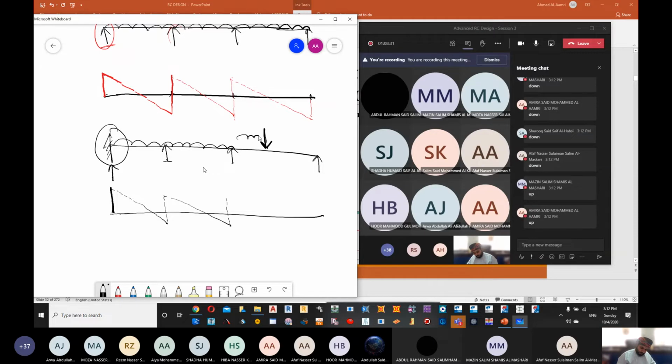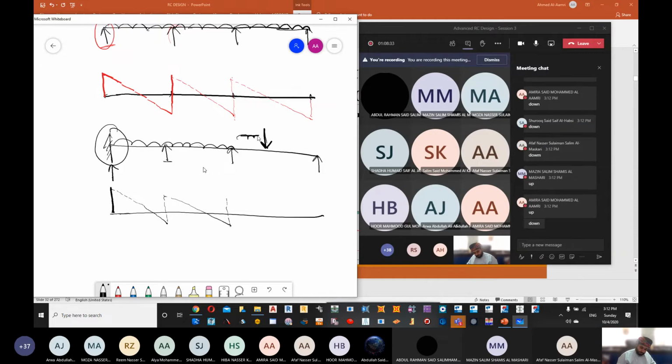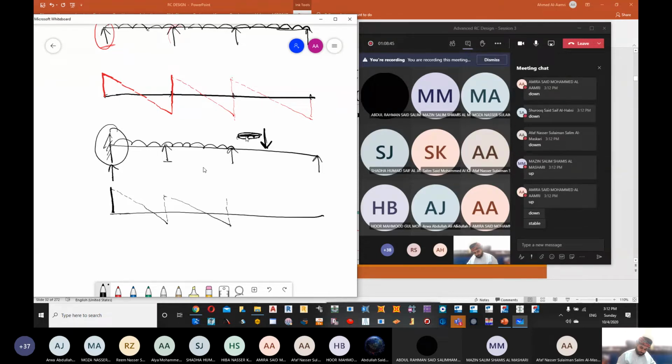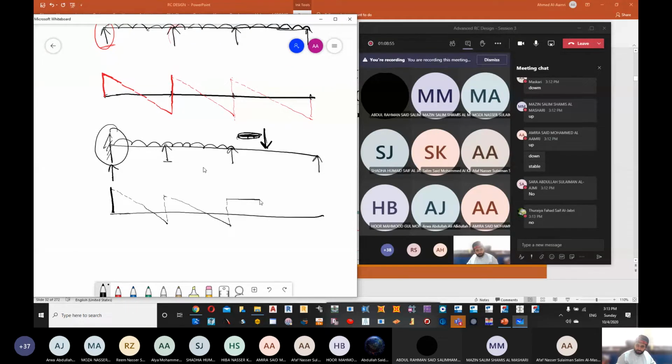From this position, do you have any loading which will take you up or down in this location? Do you have any load going to take you up or down? So if nothing is taking me up or down, I just stay as I was.